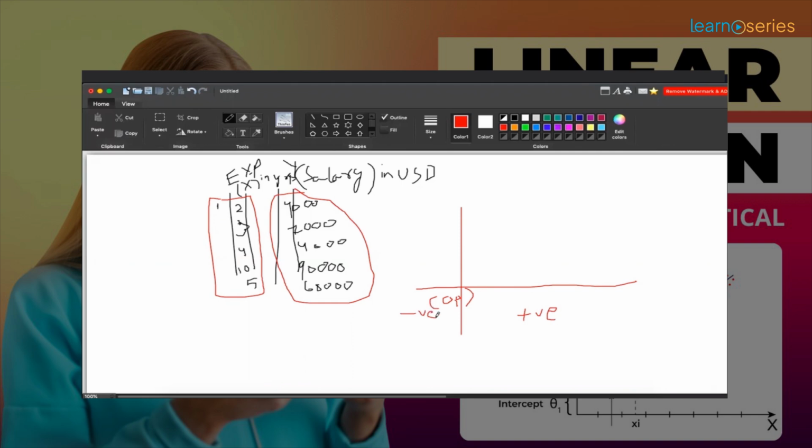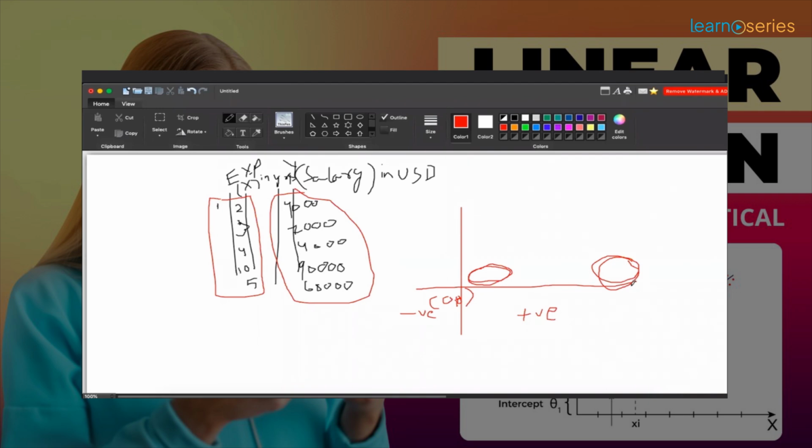You will find your x values are very small, around here, whereas the salary of persons will be somewhere around here. Years cannot be negative, salary cannot be negative.